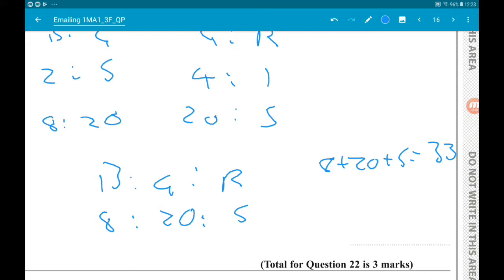So we now need to work out how many lots of this ratio we could put in the box. So if we do 100 divided by 33, we get 3.3 recurring.